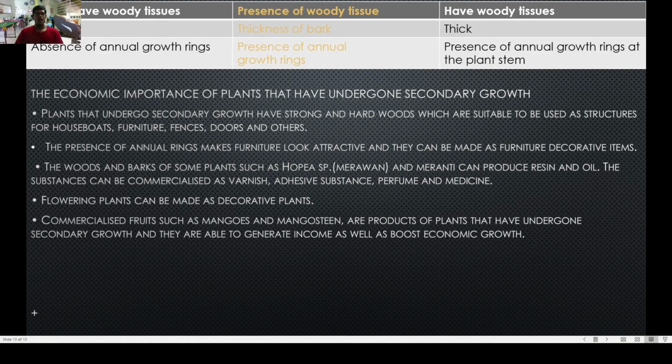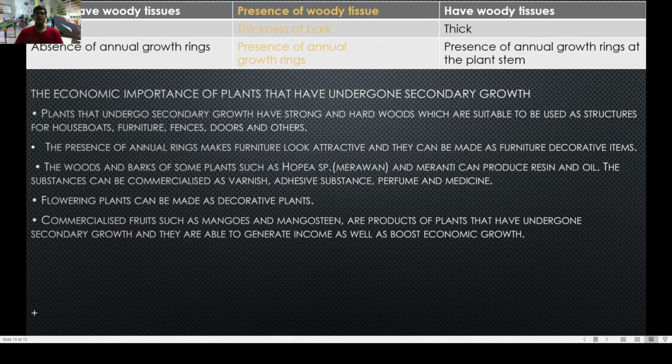The wood and barks of some plants, such as Hopea sp., Merawan, and Meranti, can produce resin and oil. The substances can be commercialized into varnish, adhesive substances, perfume, and medicines.